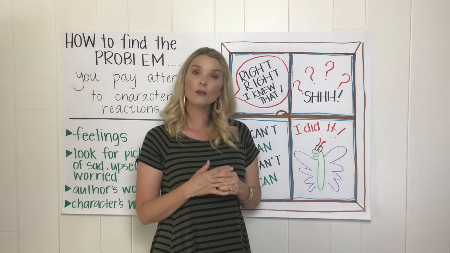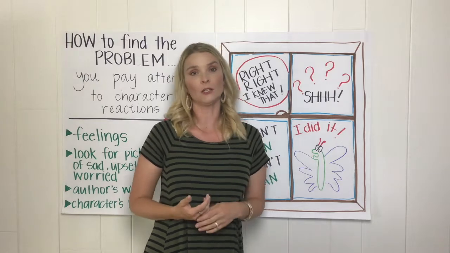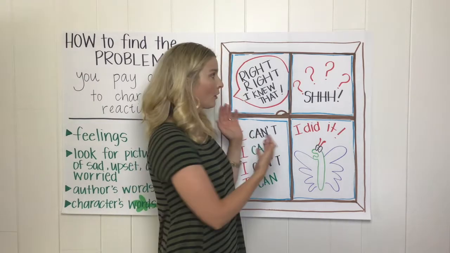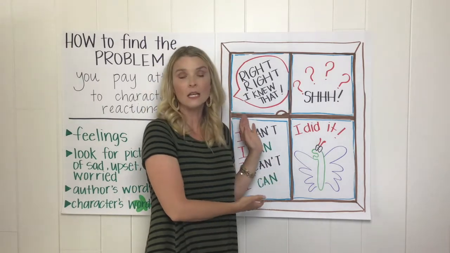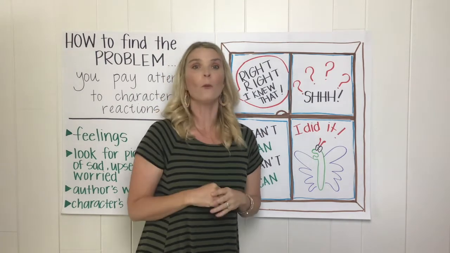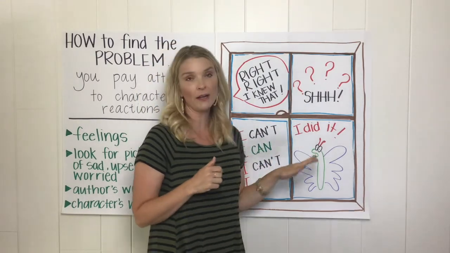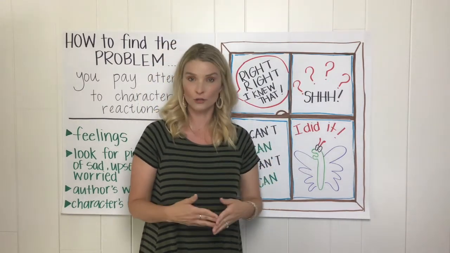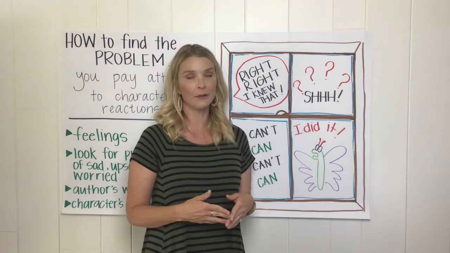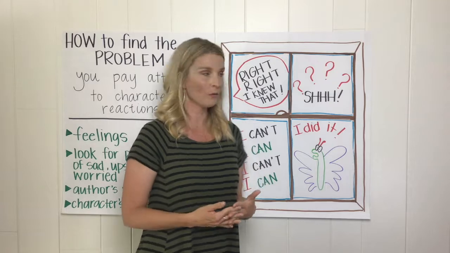You're going to take your character's reactions to their problem and make deeper connections to finding character traits or characteristics and think deeper about your character. So I took four windows into our character, and I'm going to try to identify some of the character traits of our caterpillar to make me better understand him and to go deeper into the story.